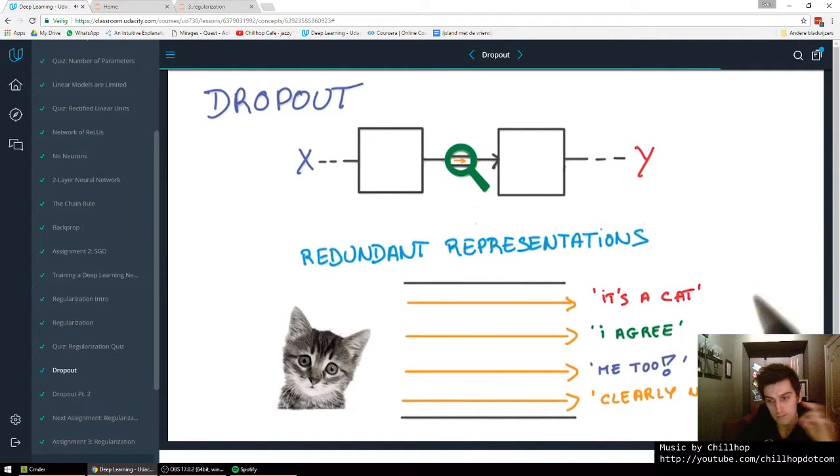Forcing your network to learn redundant representations might sound very inefficient, but in practice it makes things more robust and prevents overfitting. It also makes your network act as if taking the consensus over an ensemble of networks, which is always a good way to improve performance. Dropout is one of the most important techniques to emerge in the last few years. If Dropout doesn't work for you, you should probably be using a bigger network.